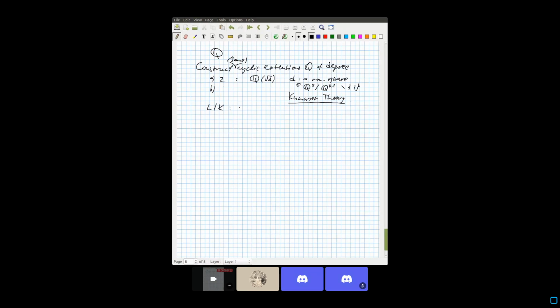A field extension, and we assume that K contains a primitive nth root of unity, where n is an integer. Maybe at least 2, otherwise if n is 1, it's not interesting.